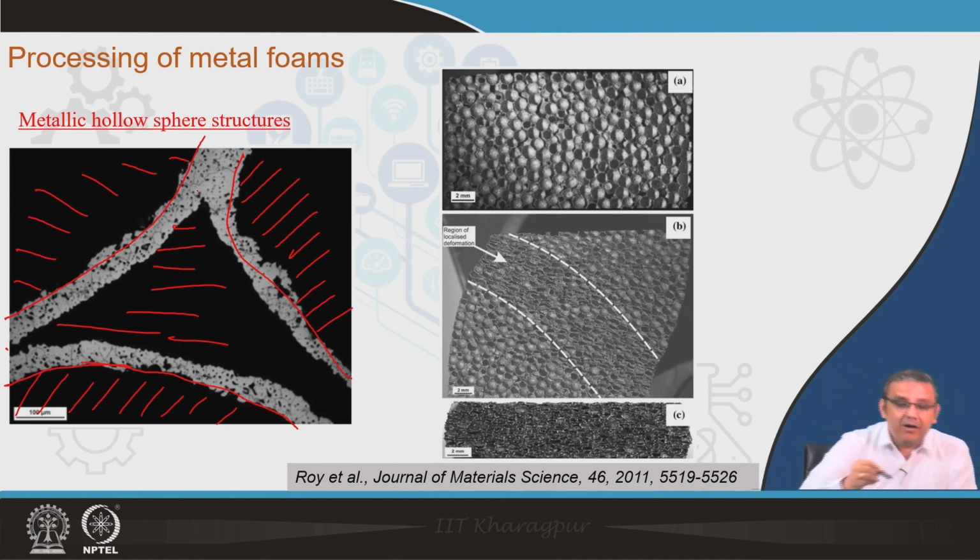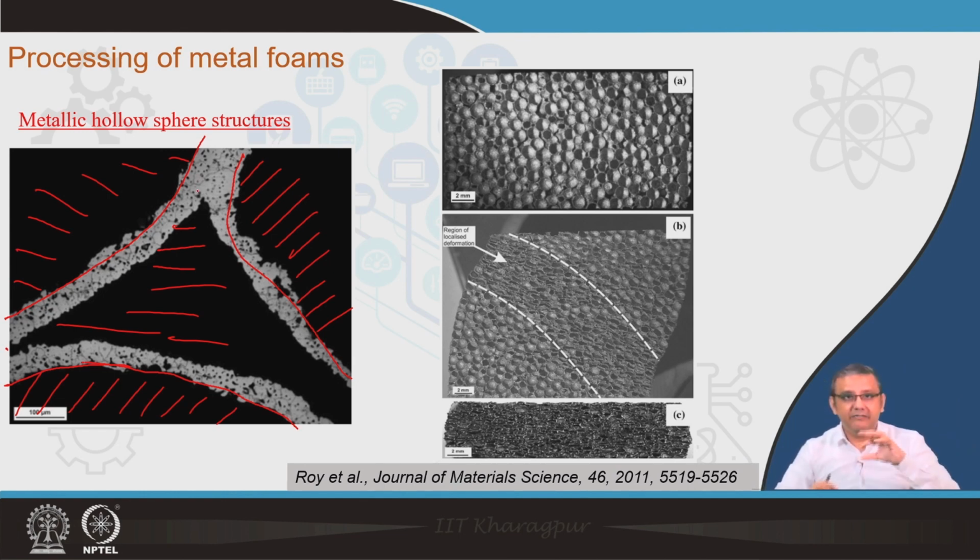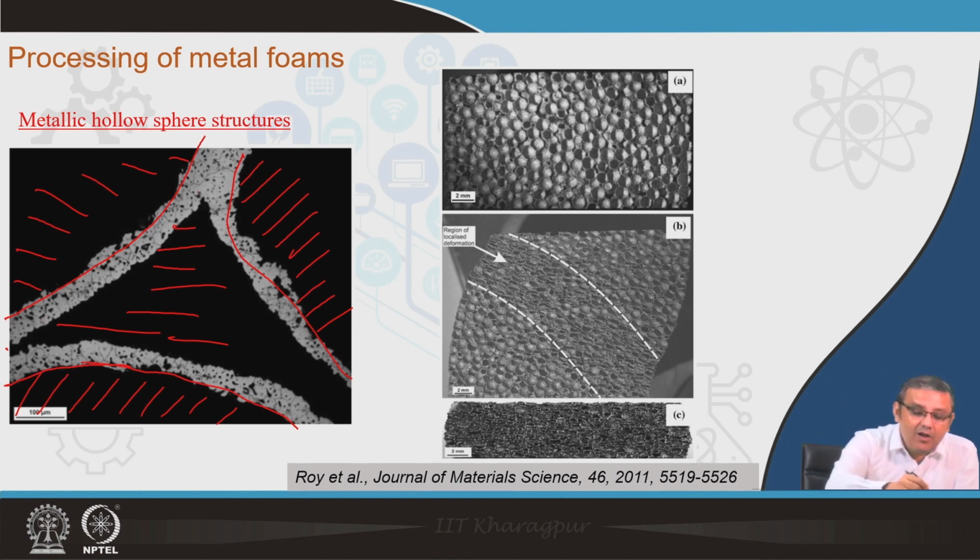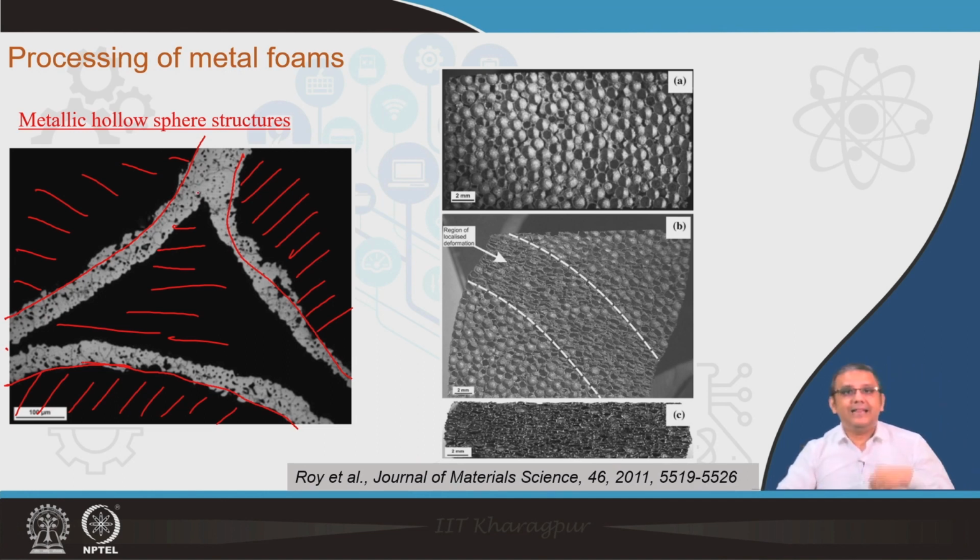And because these powder materials, or individual powders, are sintered together, you see all those black portions or black features inside the cell walls, and they are actually the micropores which have not sintered properly. That means you have here three levels of porosity. You have the macropores within the spheres, which are the closed pores.